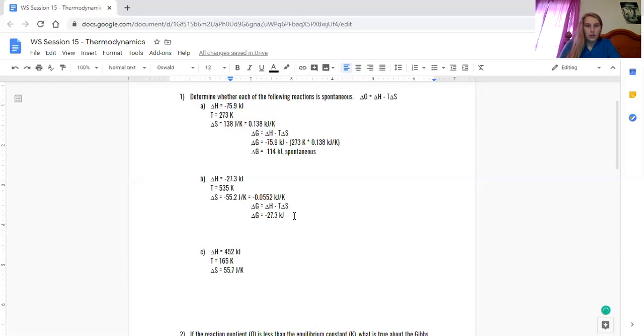And so then we can go ahead and plug in the rest of this. So this is minus T, so 535 Kelvin, times negative 0.0552 kilojoules per Kelvin. So we have that.